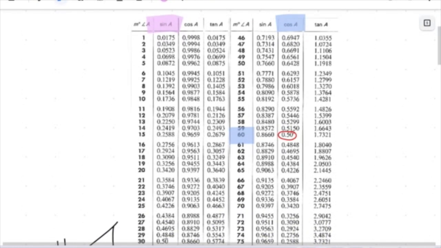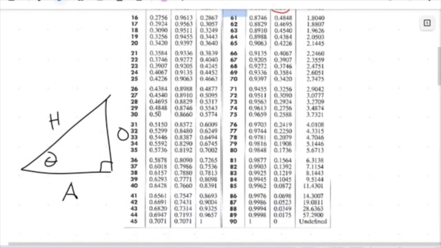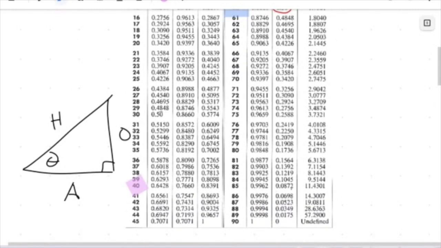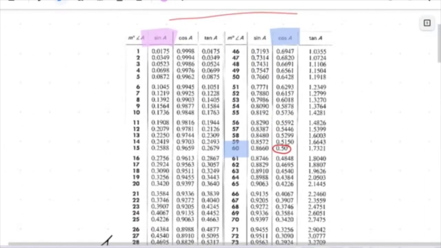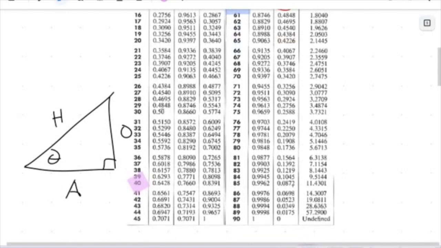Sine of 40. That gives us this value here, 0.6428.